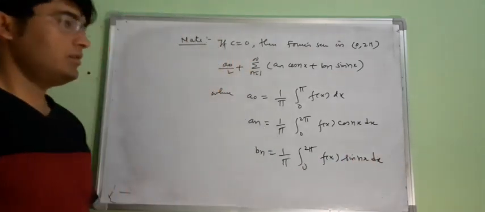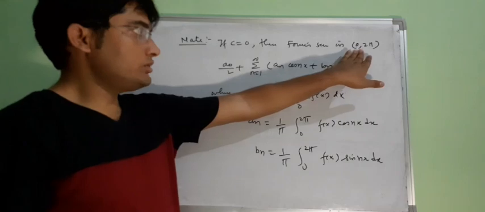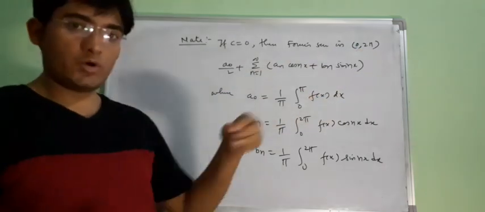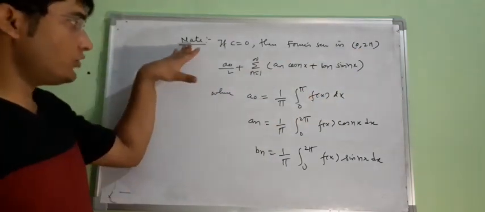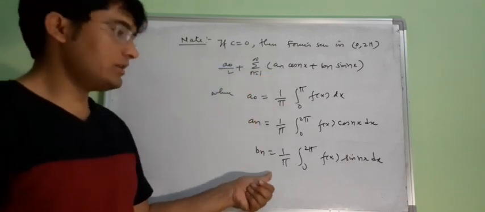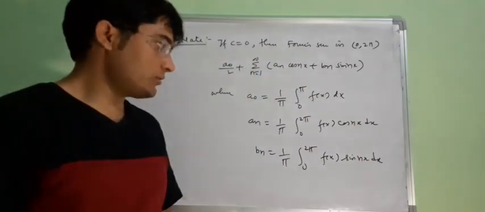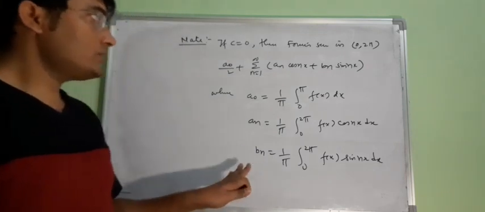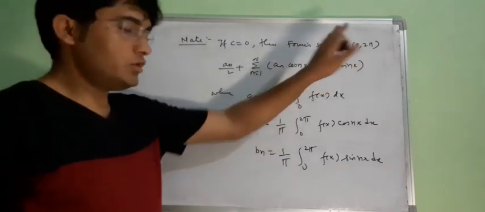So if the interval is 0 to 2 pi and the function is periodic of period 2 pi, then our Fourier series will be this one, where the Fourier coefficients a0, an and bn are given by these three Euler formulae. So this is the Fourier series for the interval 0 to 2 pi.